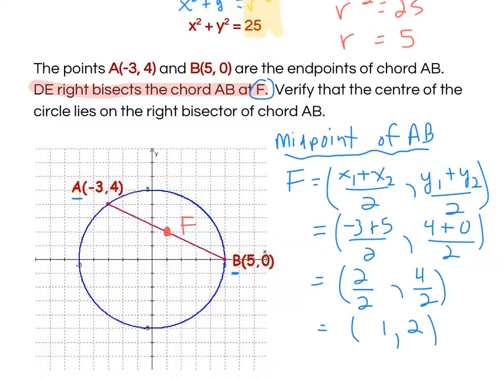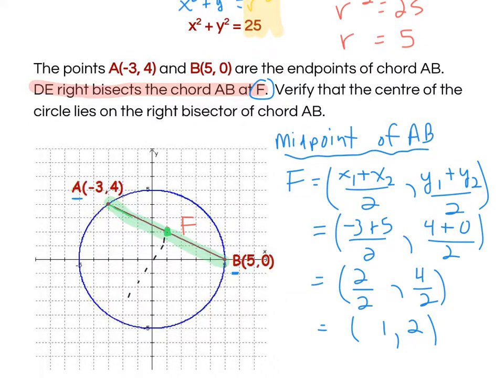And so I'm going to remind you of a couple of things. The first thing I want to remind you of is the fact that perpendicular lines have slopes that are negative reciprocals of each other. So if I can figure out the slope of line AB, then I know the slope of my perpendicular bisector, which I'm just going to rough out here, is going to be somewhere sort of through here.